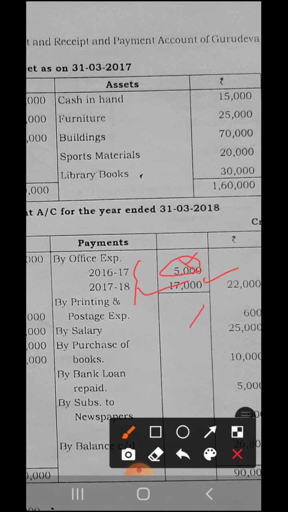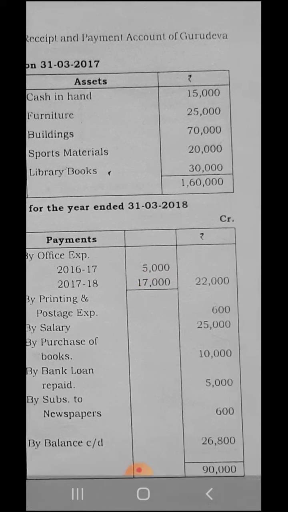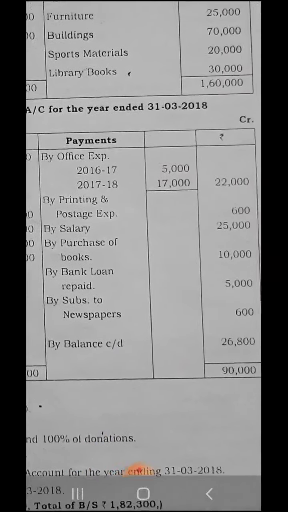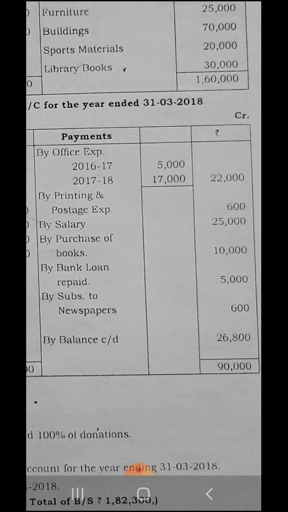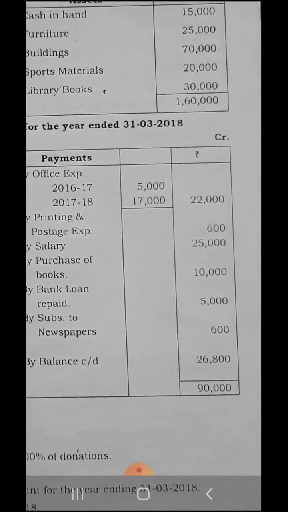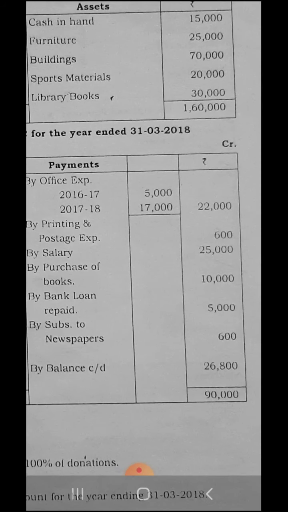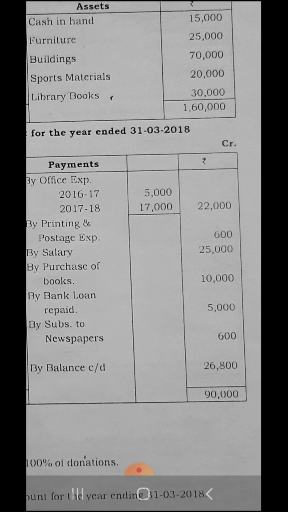And this we are showing in the solution. Then printing and postage expenses, revenue expenses 600. Then salary 25,000, it is revenue. Purchase of books, yes, it is an asset. Library books we already have 30,000. Add this year's purchase of books 10,000.